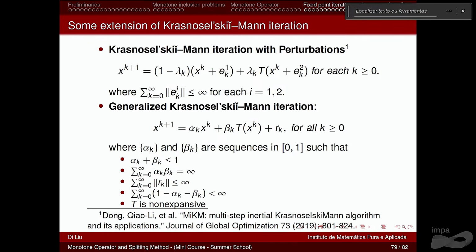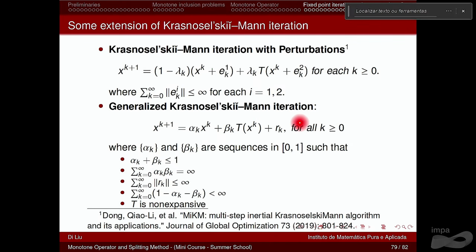And we have another two kinds of generalization of this Krasnoselskii-Mann iteration. The first is with perturbation, okay? We can have two perturbations here. And if the perturbation is summable, then we can still conclude that this iteration converges if T is a non-expansive operator, okay? Another one is called the generalized Krasnoselskii-Mann iteration.